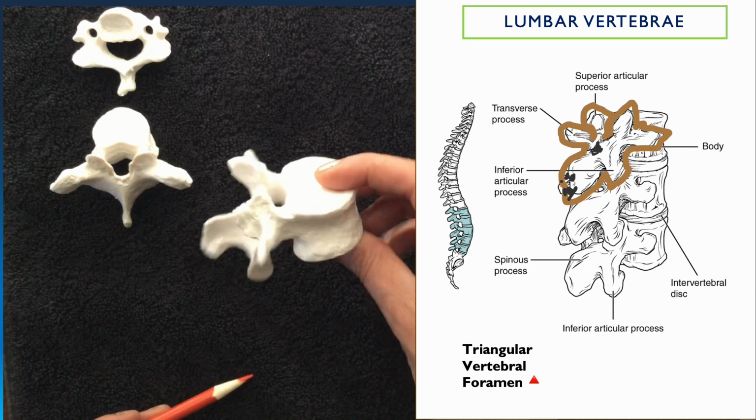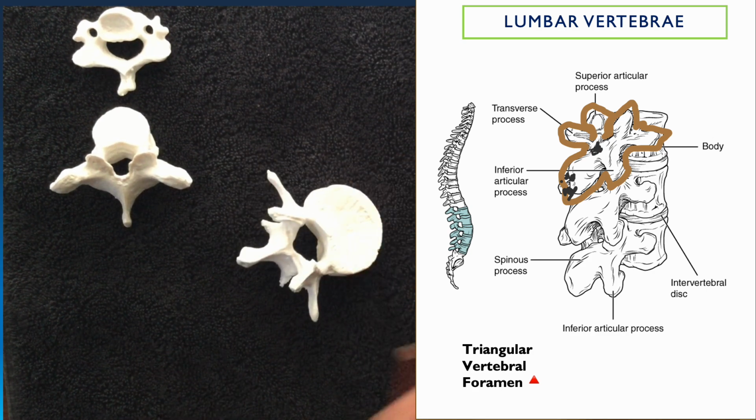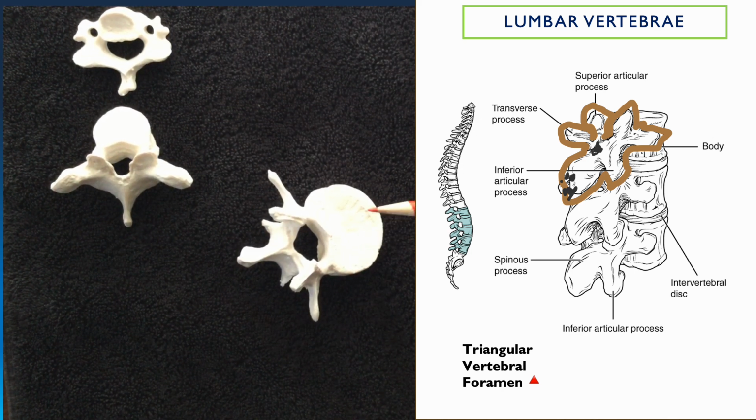Now, if we look at the body of the vertebrae, again, it's very thick. It's this massive kidney-shaped body, and basically it's designed to withstand heavy loads, right? And the spinous process is short.